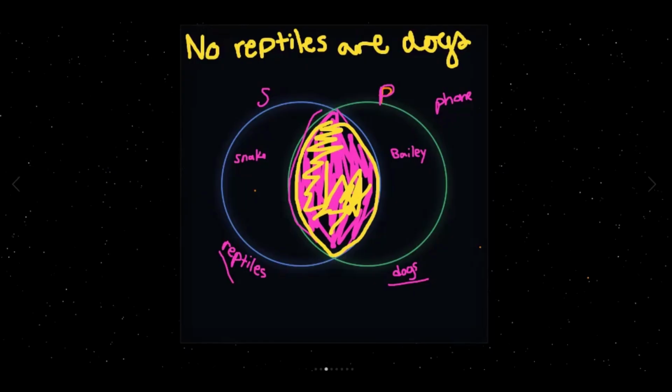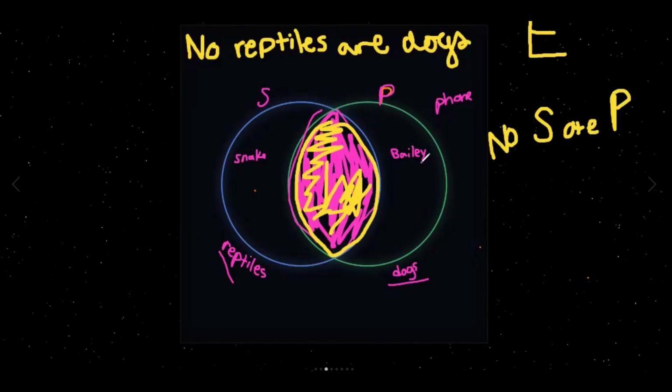This type of claim is called an E-claim. And it's always going to be the case for all sentences of the form no S are P, that the overlap region between their two circles in their Venn diagram will always be shaded.